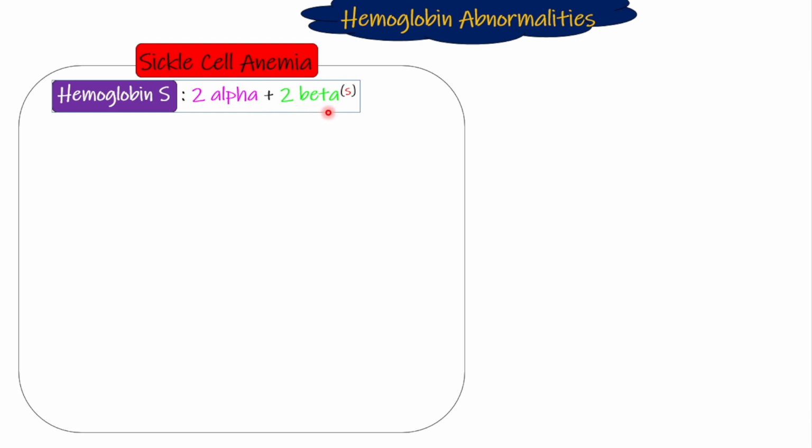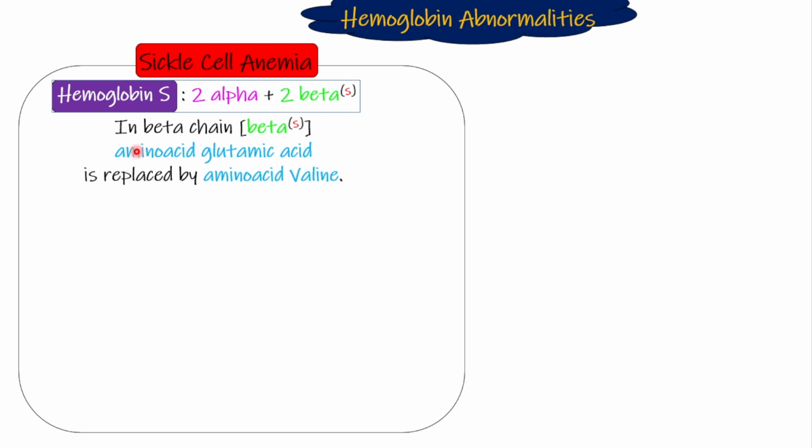But just focus here. On this beta chain, there is a small s, which means that this is not the normal beta chain. This is the beta chain which is giving rise to the hemoglobin S, which will cause sickle cell anemia. Now, what is the difference between a normal beta chain and this beta chain of the sickle cell hemoglobin?